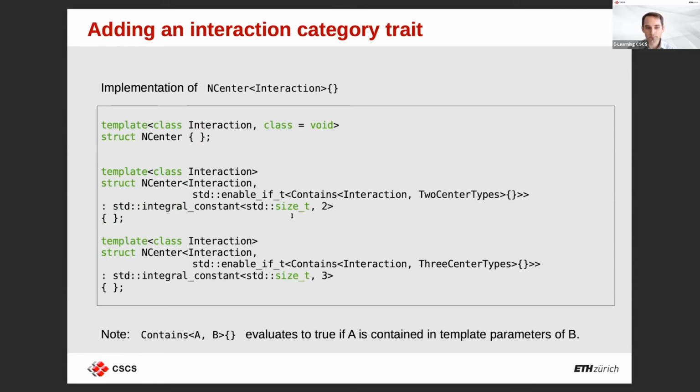And now we can use tricks like SFINAE to make this work, so that we can say N center, and then we instantiate this with harmonic bond or harmonic angle, and it would evaluate at compile time to the number of centers involved in this interaction.